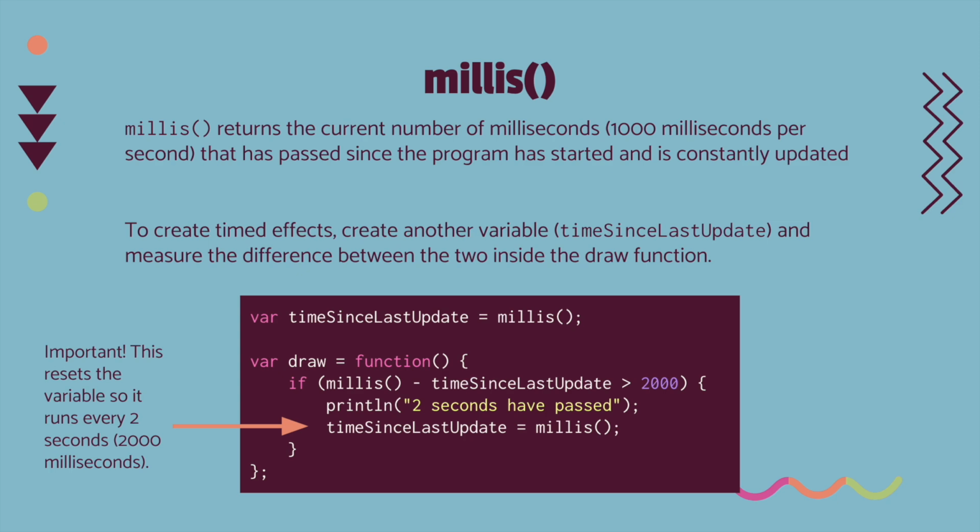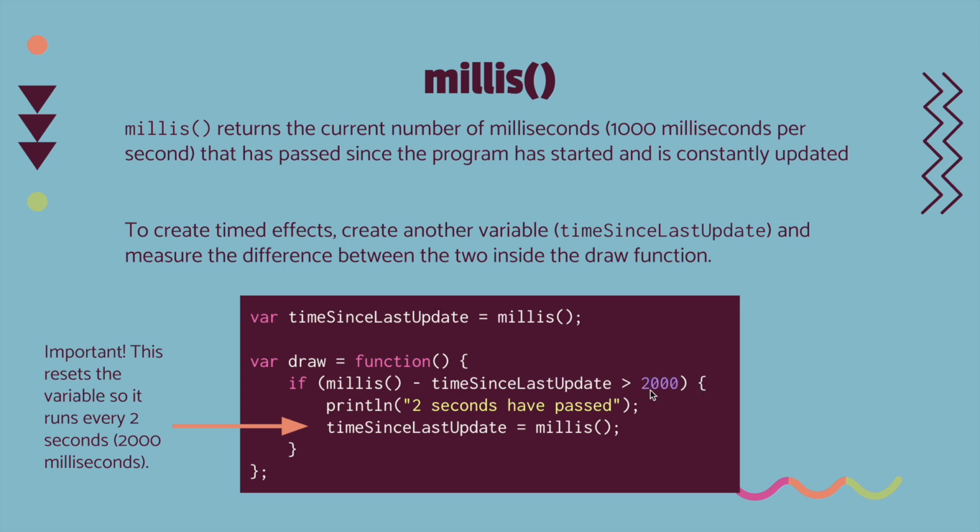To create timed effects, create another variable, time since last update, and measure the difference between the two inside of the draw function. Your code is going to look pretty similar to this, so you want to make sure that you have a time since last update variable, get the original time when the program is being run, and then inside of the draw function, you want to have an if statement that's comparing the current time to the time since last update.